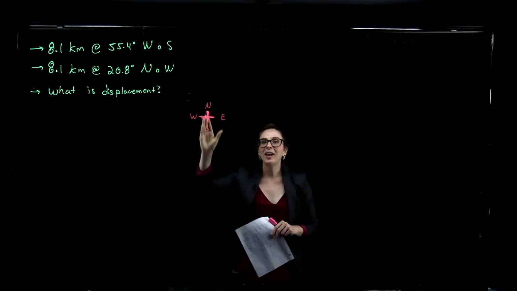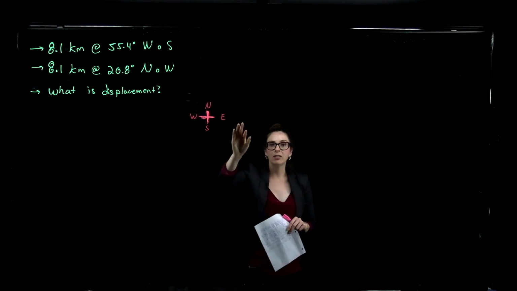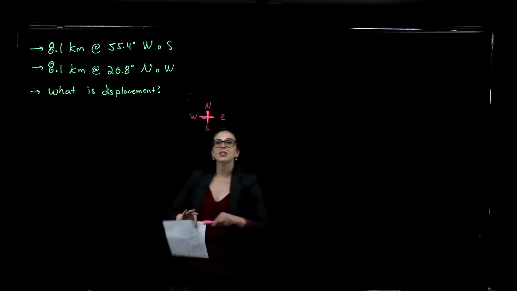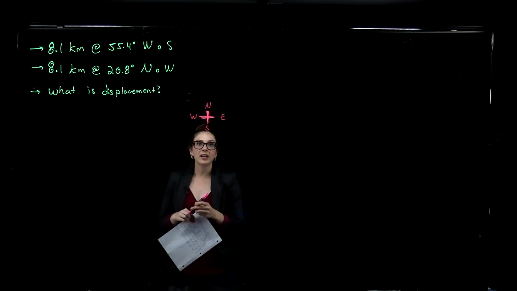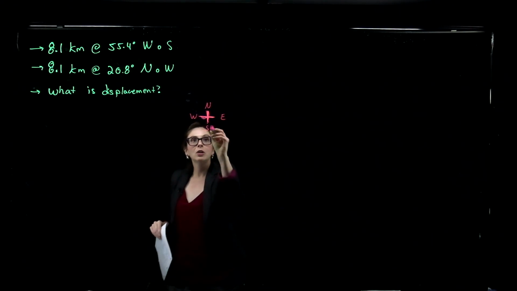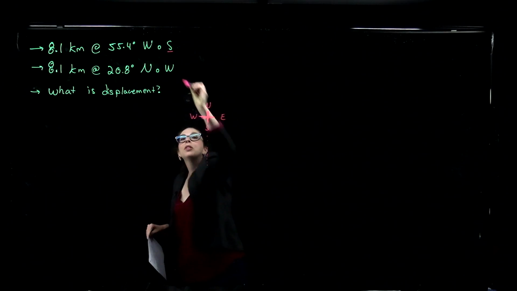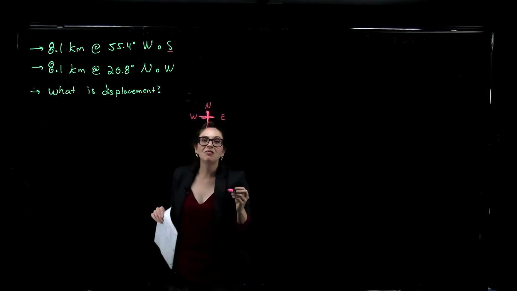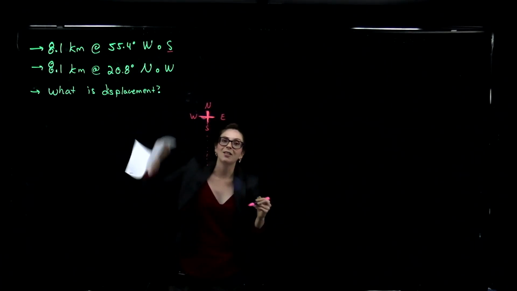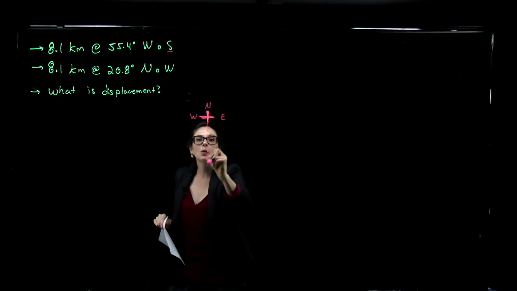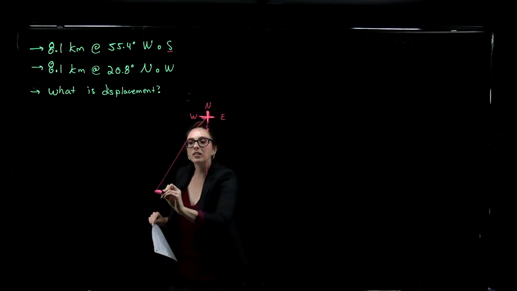Here's my starting point. I drew in my cardinal points, north, south, east, west. So we want 55.4 degrees west of south. So we start from south, and we're 55.4 degrees west of that. Okay, so here's south. I'm 55.4 degrees west of that.